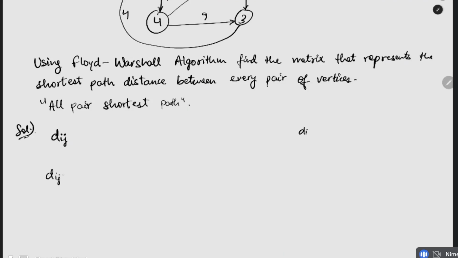What Floyd-Warshall does essentially is, in the first iteration, we initialize this matrix with 0 for all the diagonal entries, which is equivalent to the distance from a vertex to itself. Basically, Floyd-Warshall is equivalent to applying Dijkstra for each vertex.